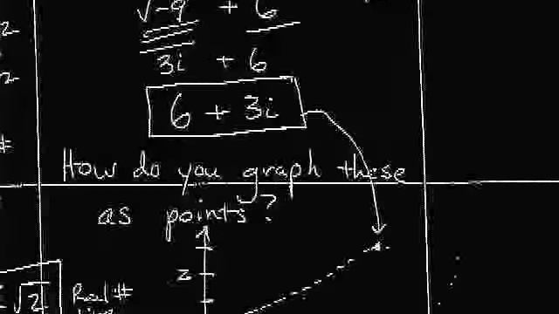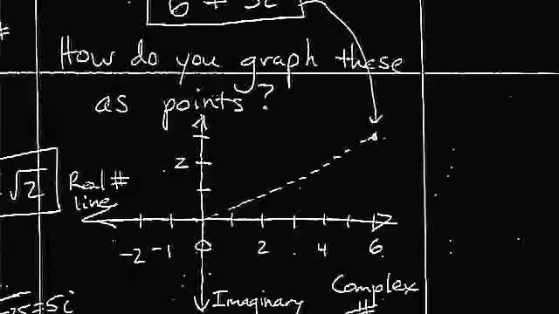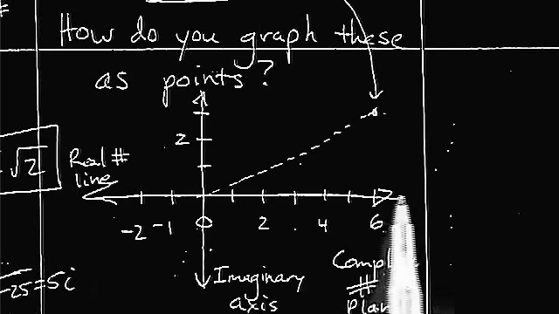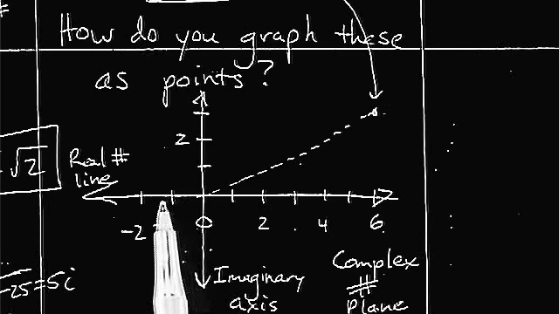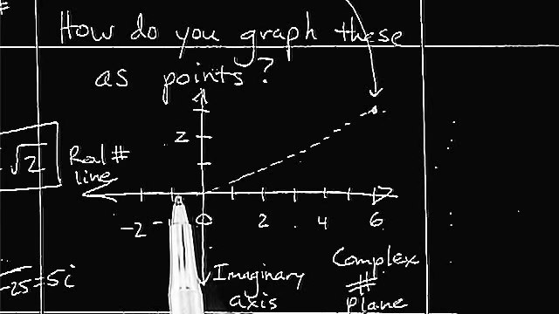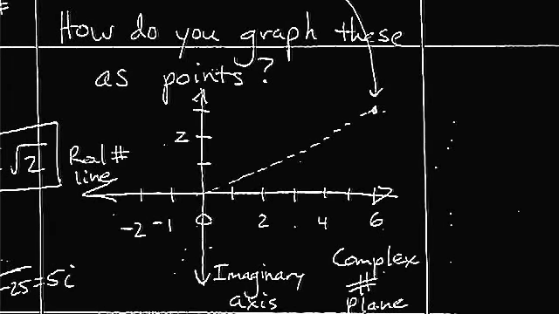Now, can you graph these particular points? Yes, you can. Have you ever seen a real number line? I'm sure you have. We plotted points on it at the beginning of the year. We even drew open circles and closed circles and shaded arrows left and right. Well, what you never knew, because we never talked to you about it, was that there was another axis that ran through 0, a vertical axis.